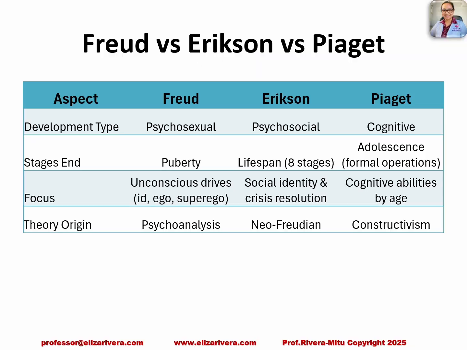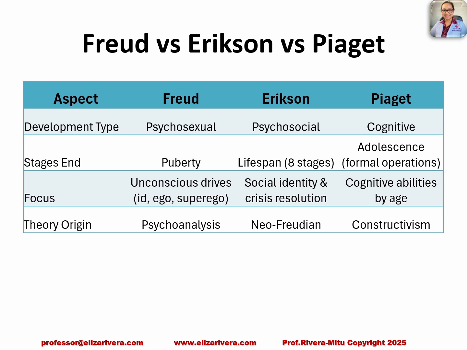This table aligns the 3 major developmental theorists. Freud's psychosexual stages focus on how the libido's energy is channeled through different zones over time. Fixation leads to personality issues. Erikson built upon Freud with his psychosocial stages, emphasizing ego development through life crises from infancy to old age.